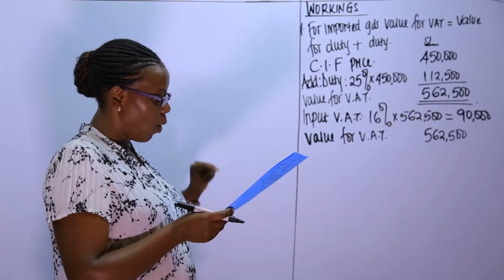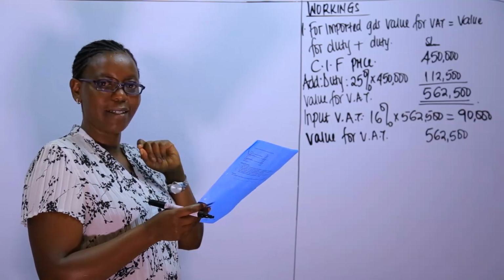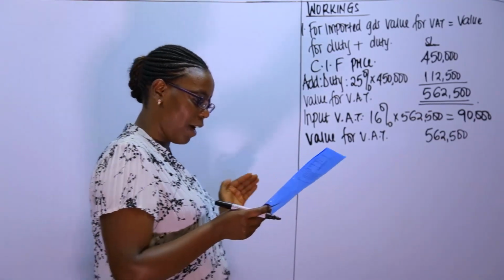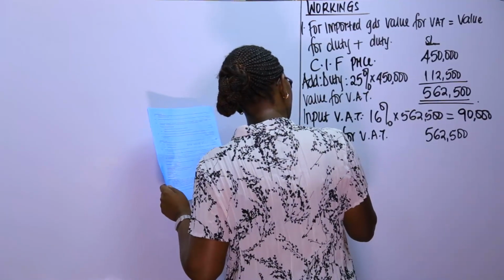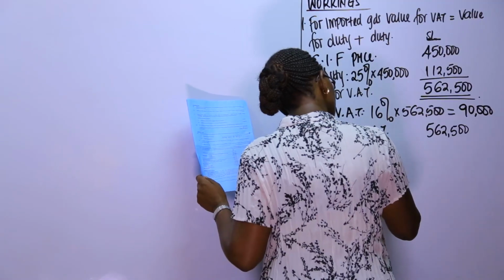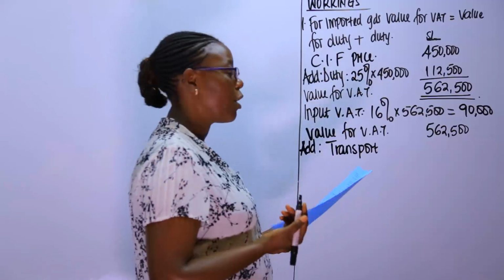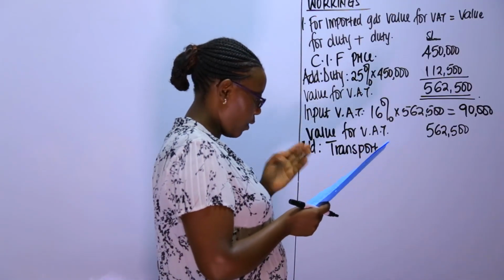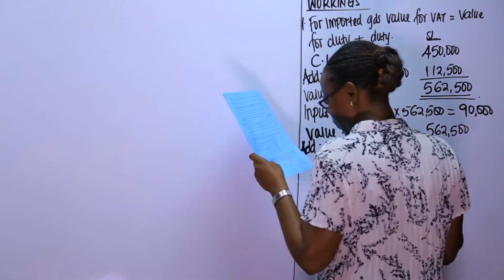So when John imports the goods and he incurs transport cost, he has created utility, or value. So we add the value that John is adding through transport. We call that place utility when you're bridging the geographical gap between the place of consumption and the place of manufacturing. So this is 50,000.